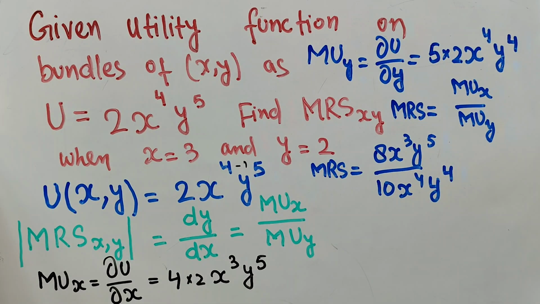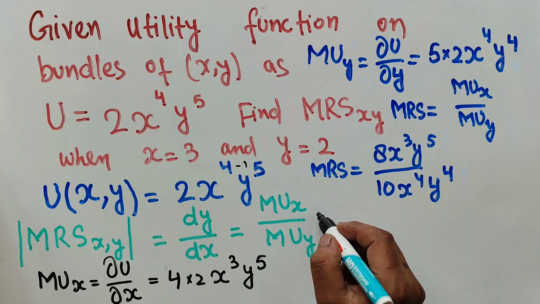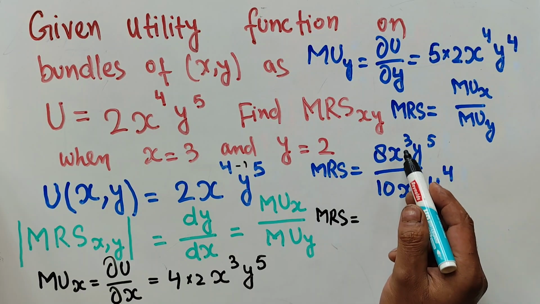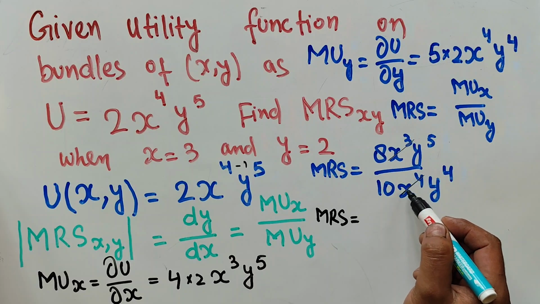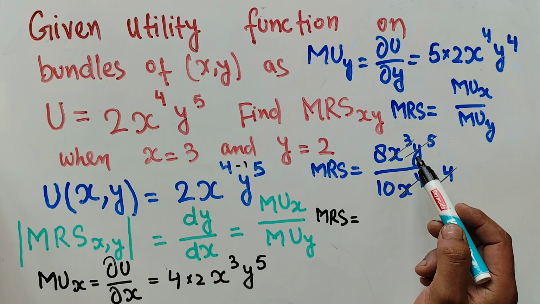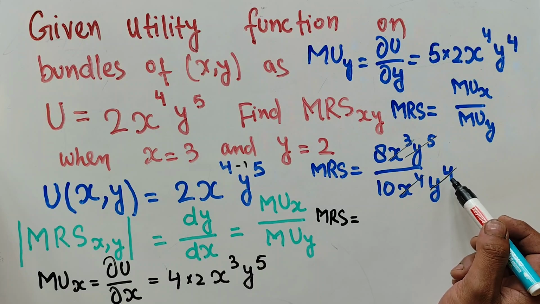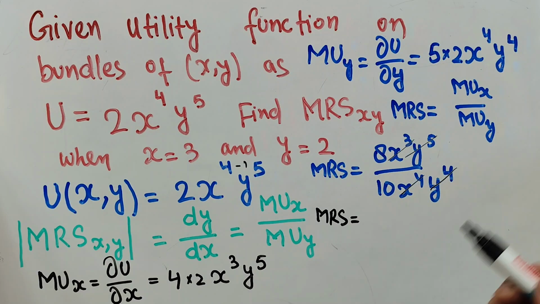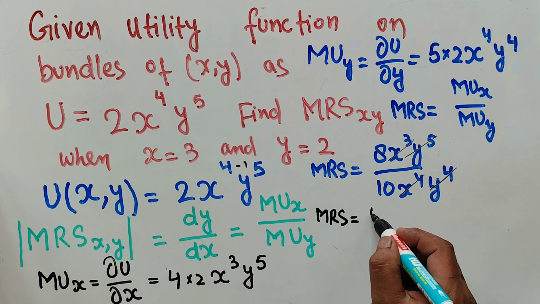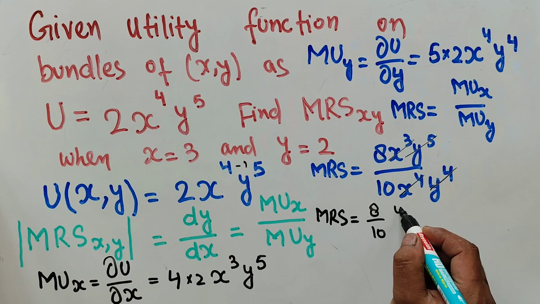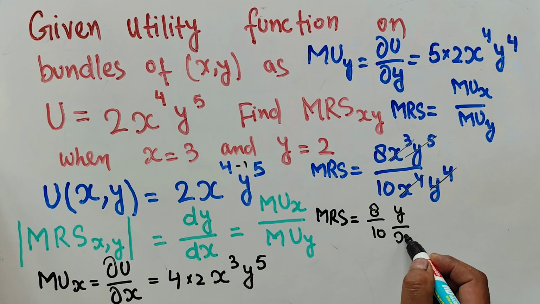Now let's do some simplification. So MRS will be equal to, here the 3 x's will get cancelled, and we have y raised to the power 5 over y raised to the power 4, so 4 y's will get cancelled in exponential form. So we will get 8 upon 10, and in the numerator we get only y, and in the denominator we get only x.